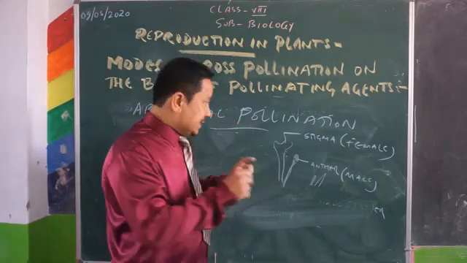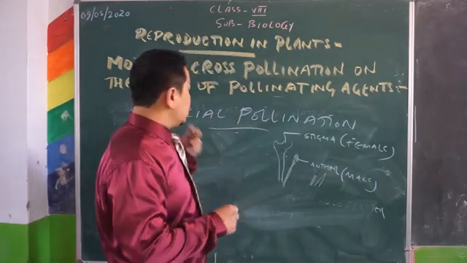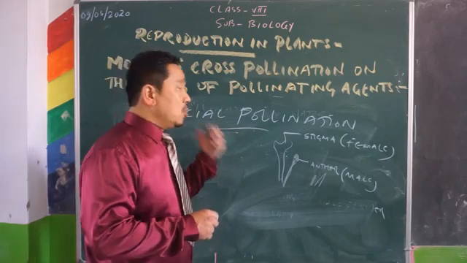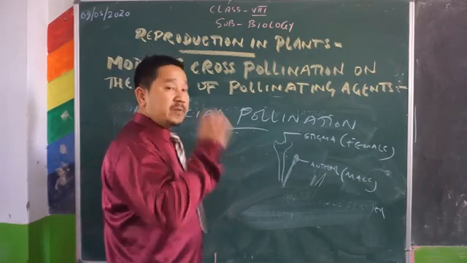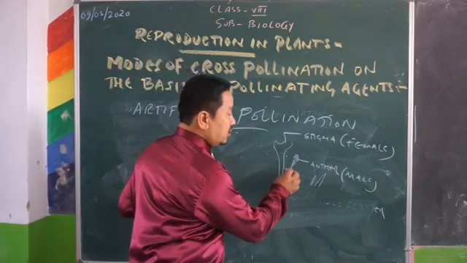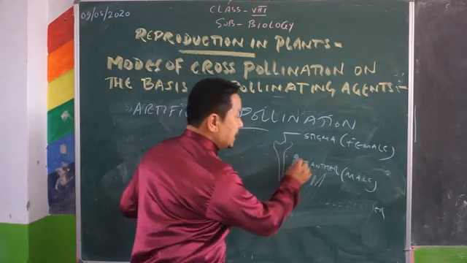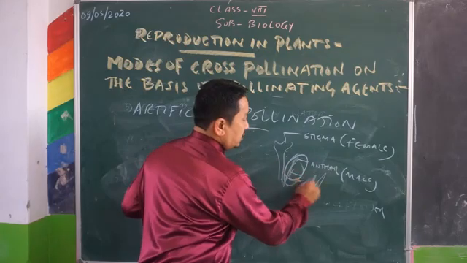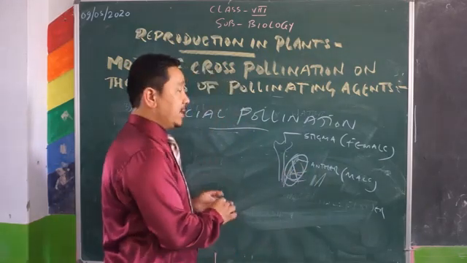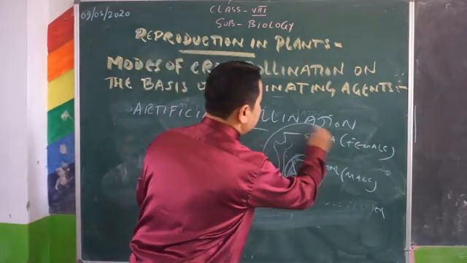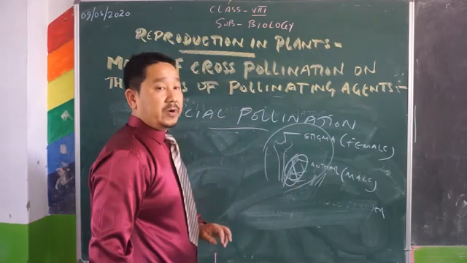So at the present time, in order to go for cross-pollination, what people are nowadays doing is removing the anthers. They are just removing them out, and covering the entire flower for some time.